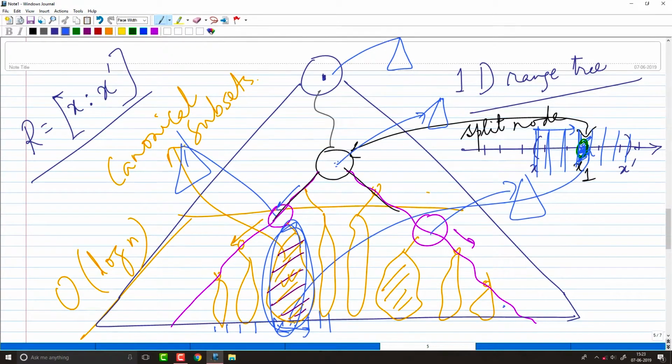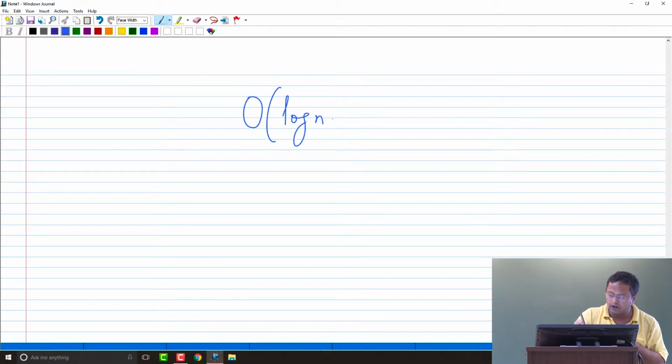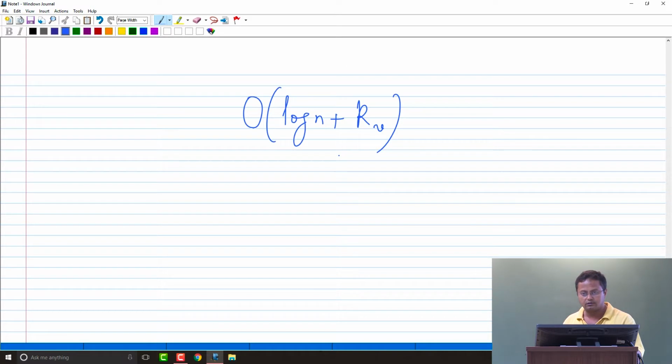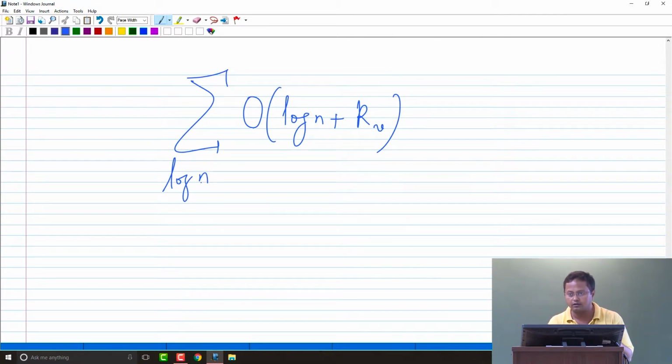So, now let us do the query complexity timing. Each search in the associated structures can take log n plus some k like this, right, and there can be how many such searches? As many as your canonical structures. How many of them are there? There are log n many.